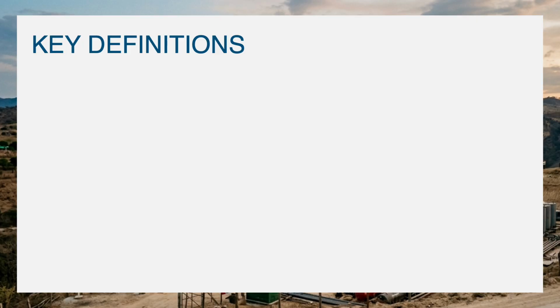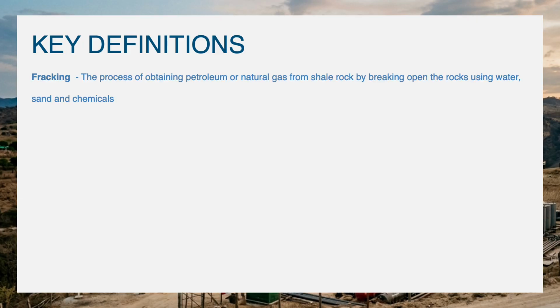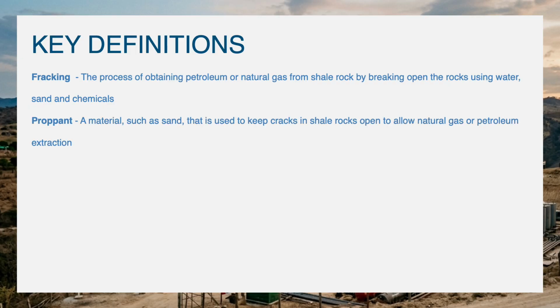We've got fracking. This is the process of obtaining petroleum or natural gas from shale rock by breaking open the rocks using water, sand, and chemicals. And then next we've got proppant, which is a material such as sand that keeps the cracks in shale rock open so that the natural gas or petroleum can flow out.